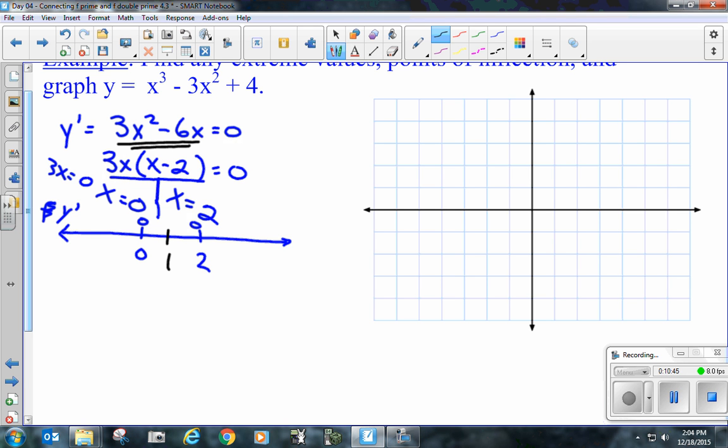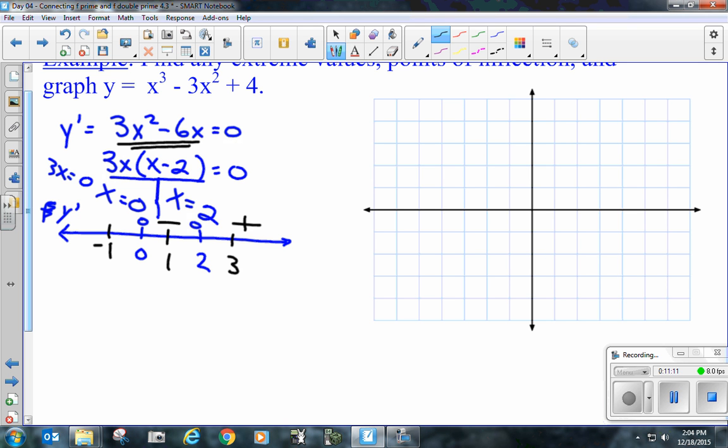So it's negative here. What about if I put in the number 3? What is 3 squared? 3 times 9, minus 6 times 3, which is 18. 27 minus 18? It's 9. It's positive 9. Now what about if I put in a negative 1? Will that change it? No, because negative 1 squared is still 1. So that's 3 times 1 is 3. Negative 6 times negative 1?